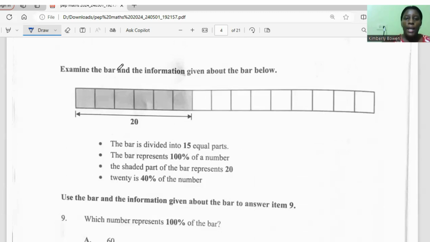Examine the bar and the information given about the bar below. The bar is divided into 15 equal parts. The bar represents 100% of a number. The shaded part of the bar represents 20, and 20 is 40% of the number. All right, simply what we could do is draw a line.